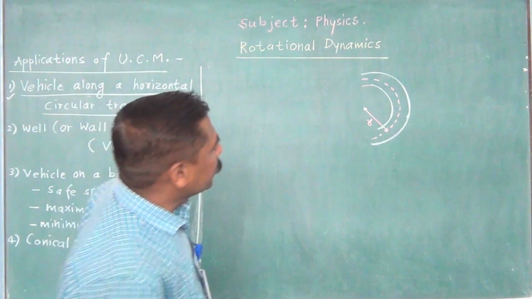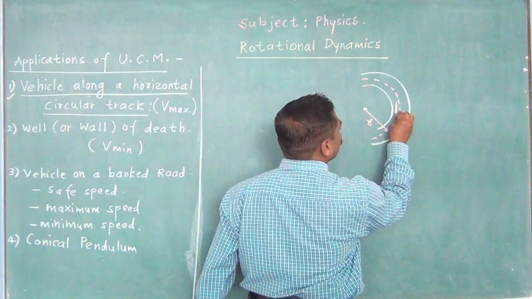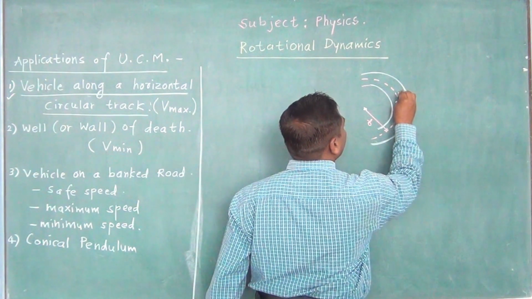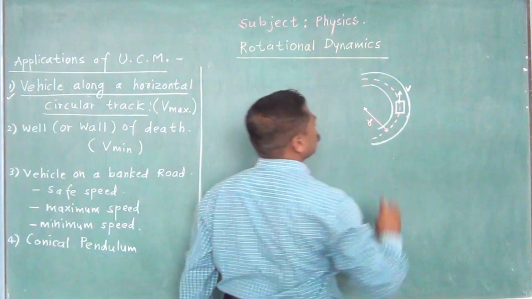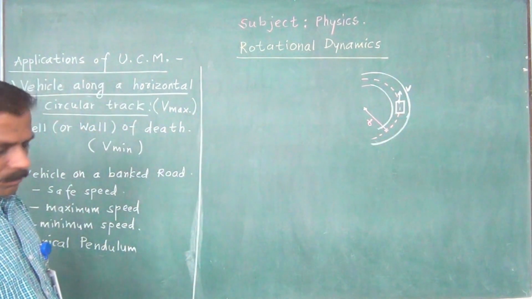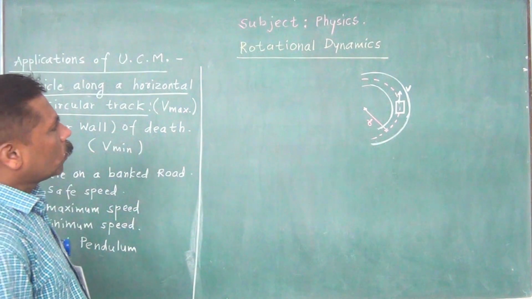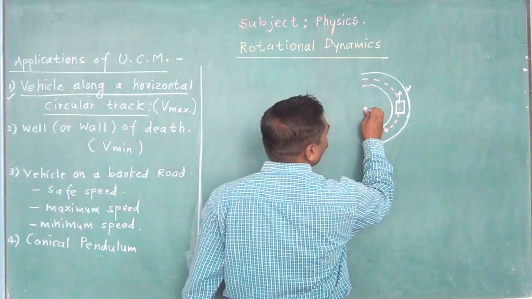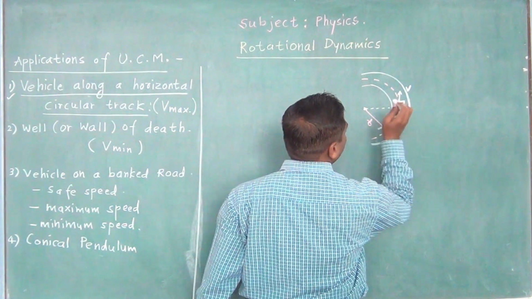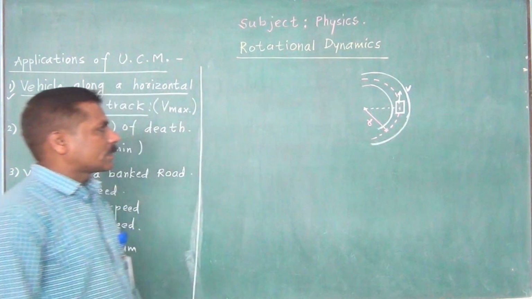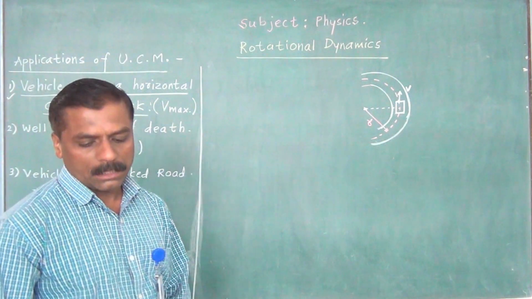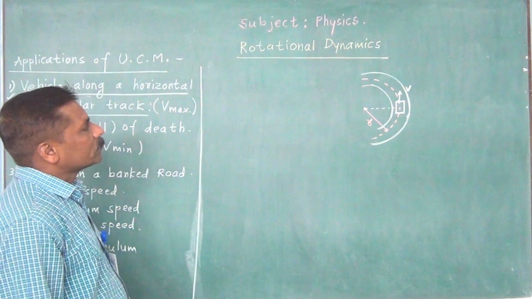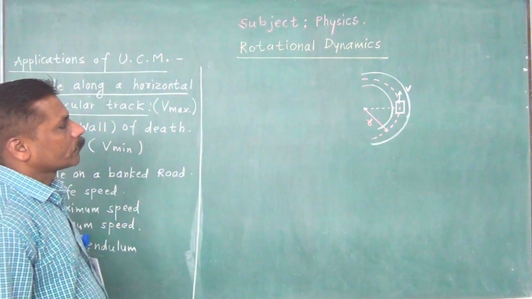Our vehicle is considered here, and this vehicle is moving along this circular track. This vehicle is considered as a single particle, and certain forces are acting on this vehicle when it is moving along the horizontal circular track.